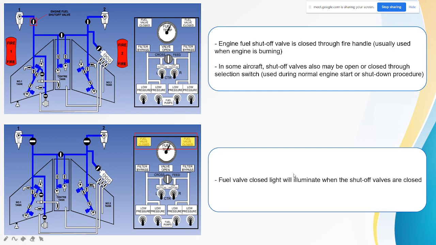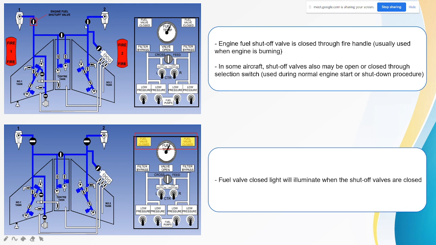In the system, there is a shut-off valve installed and located in the line before the engine. Here is the shut-off valve. It is mostly open at normal times and only closed when the engine is on fire, to stop the fuel from flowing into the engine.